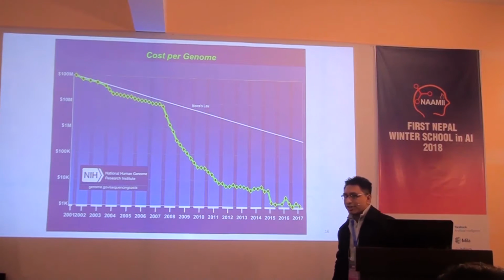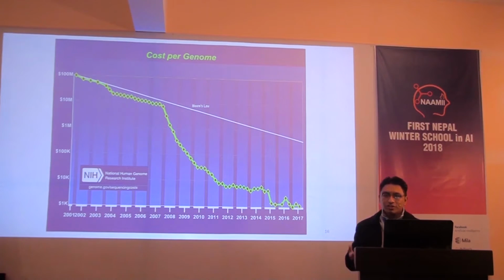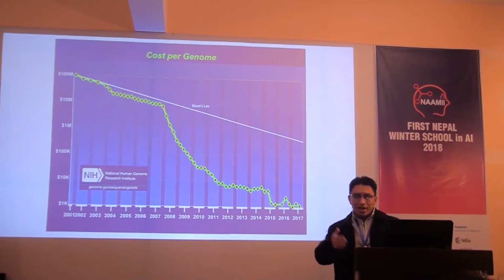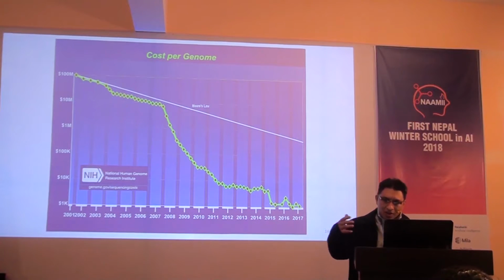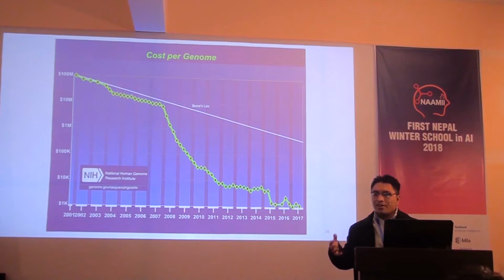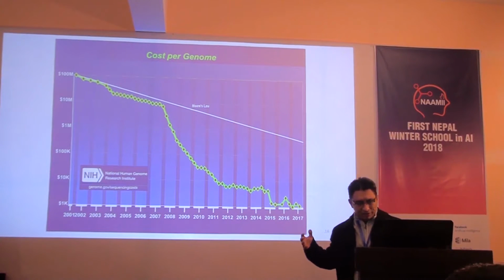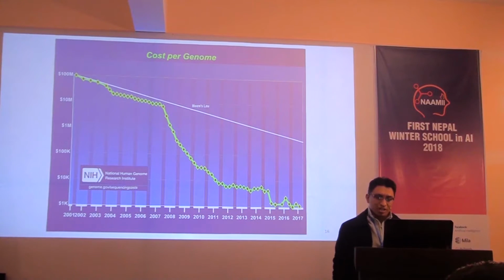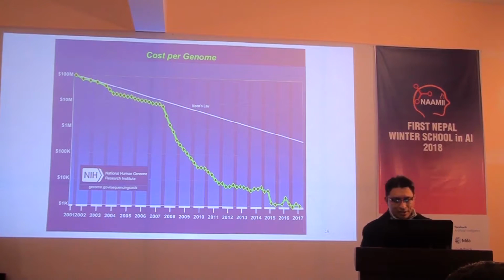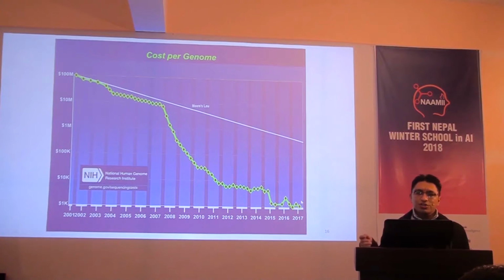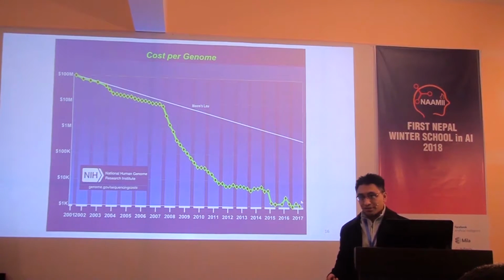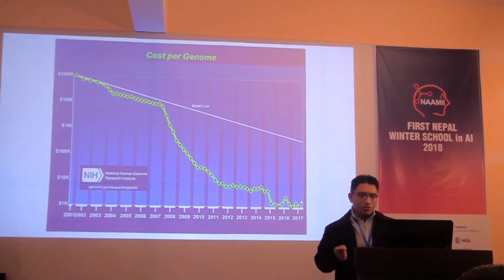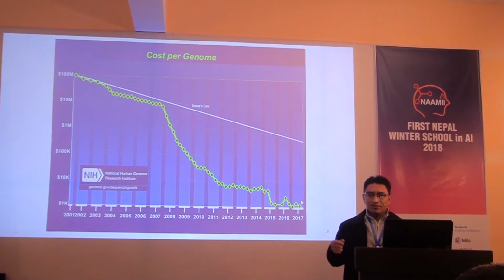New technologies and new computational tools were introduced, and that really helped shrink the cost of sequencing the human genome. The cost of DNA sequencing is dropping much more rapidly than estimated by Moore's law. At present, sequencing a human genome costs about $1,000 US. And they're even trying to push this cost further.